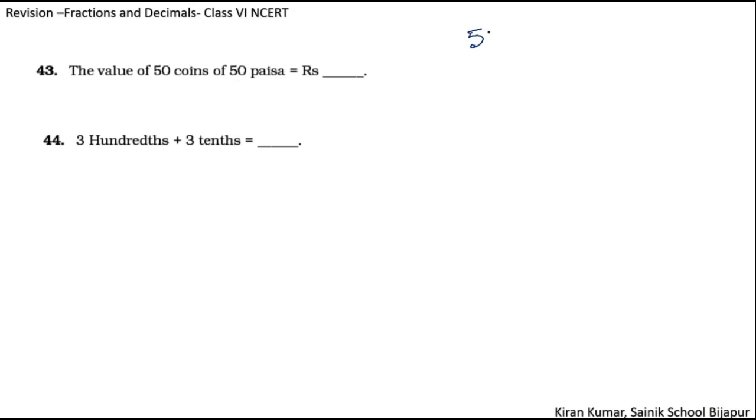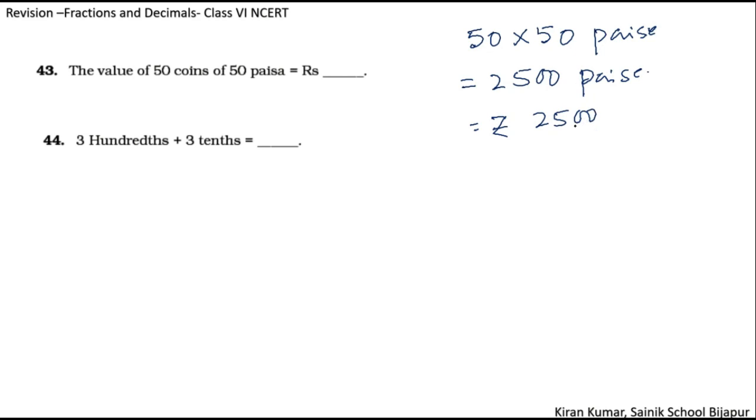There are 50 coins and the value is 50 paise. So when I multiply them, I get 25 followed by 2 zeros paise. I'll convert this into rupees now. It is rupees 2500 upon 100. It becomes rupees 25. So the answer is rupees 25.